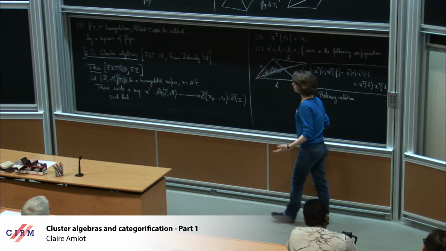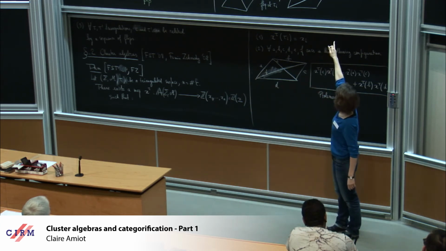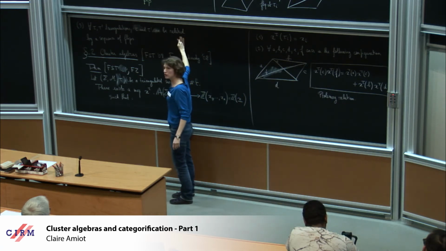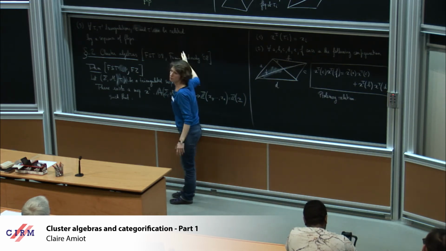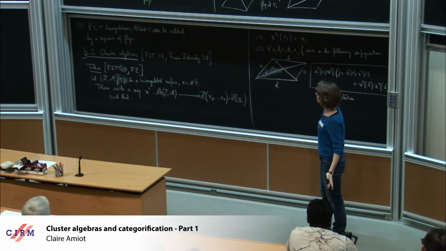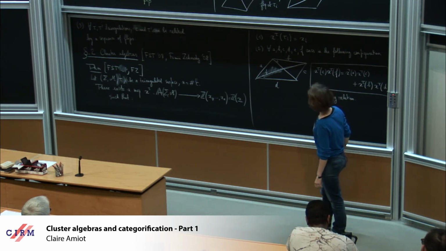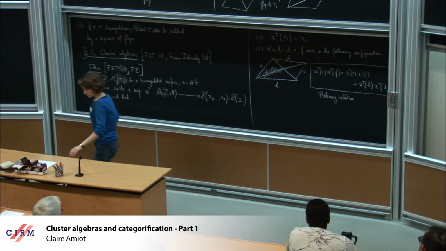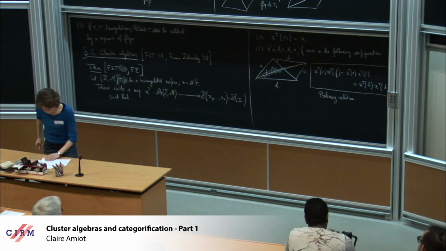But of course this sequence of flips is not unique at all. So this is the point of the theorem, that whatever sequence you take, you will get the same value for the map.